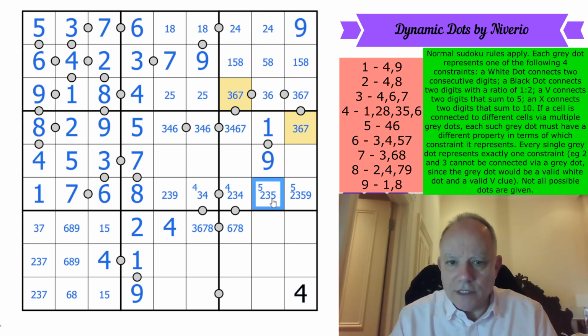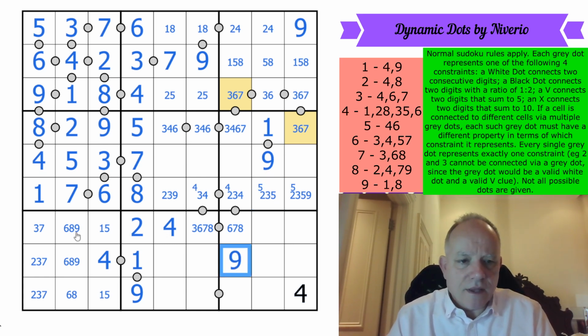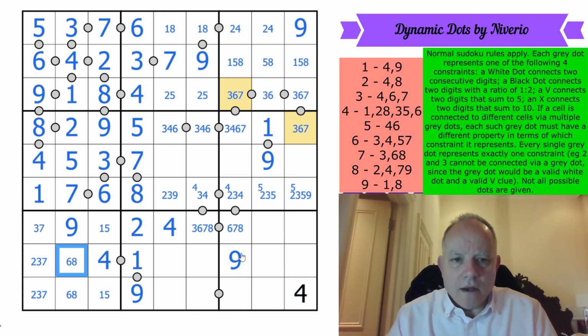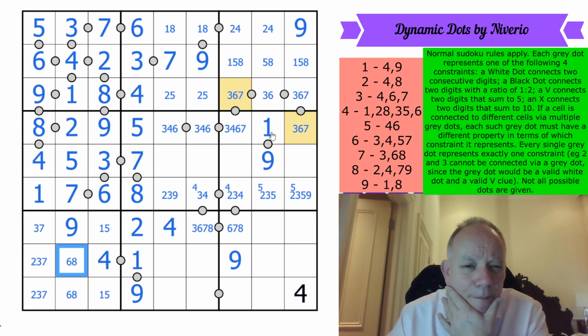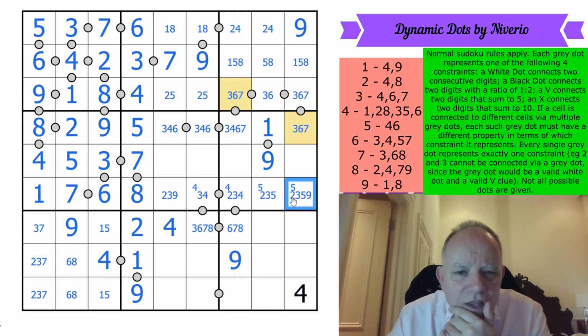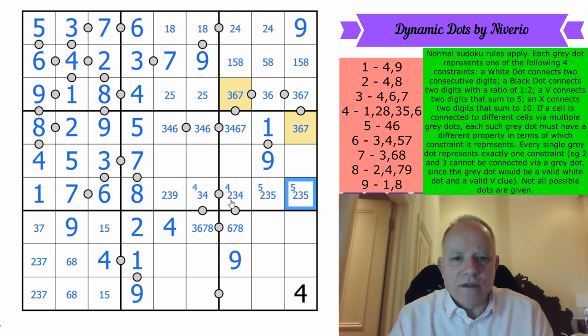Come on, come on. Give me something. 9 is there. 9 is there. Why is that so impossible to see? This is not 9. So we need an 8 in one of these cells.